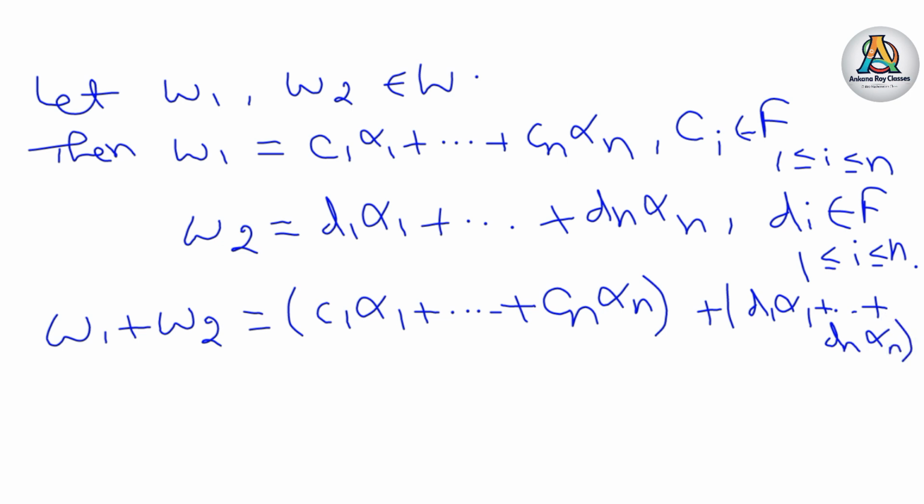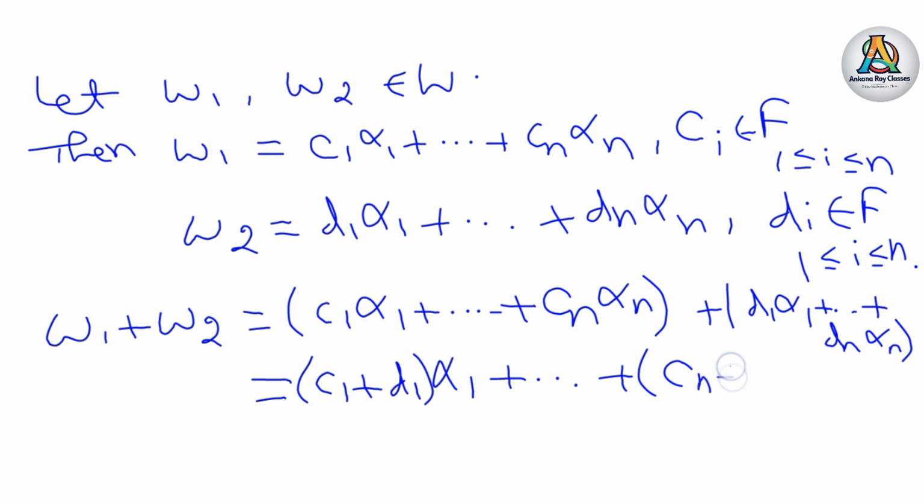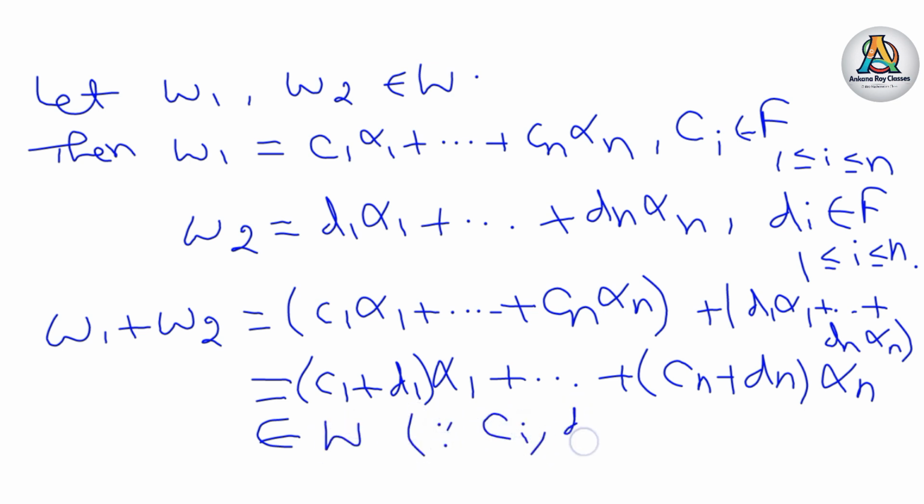This is equal to (C1 plus D1) alpha 1, (C2 plus D2) alpha 2, up to (Cn plus Dn) alpha n. This belongs to W, since Ci and Di belong to field F implies Ci plus Di belongs to field F.